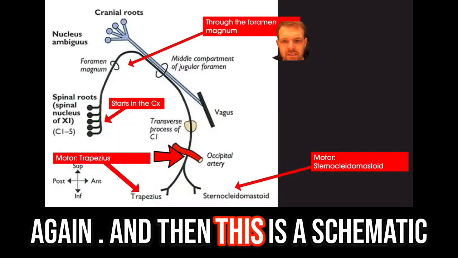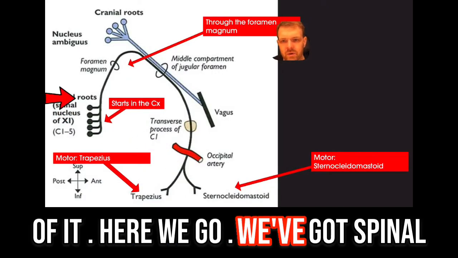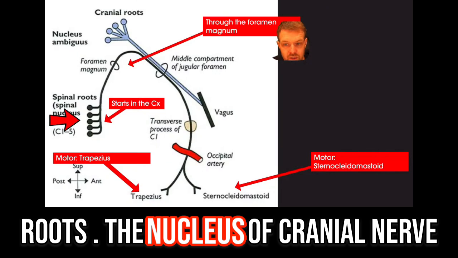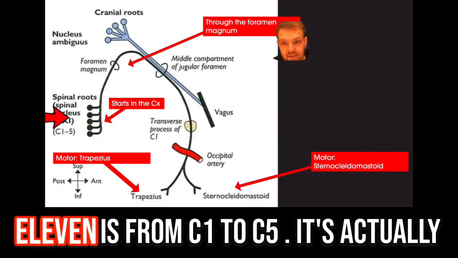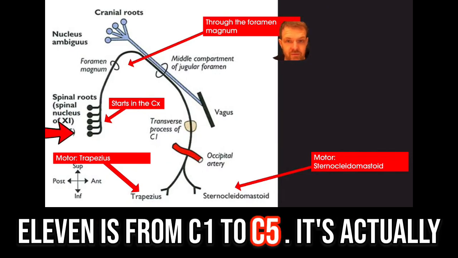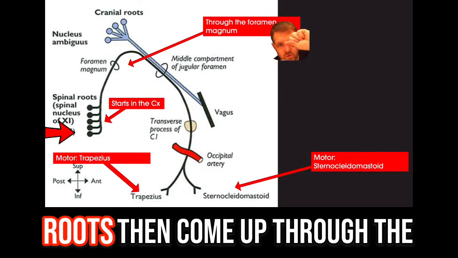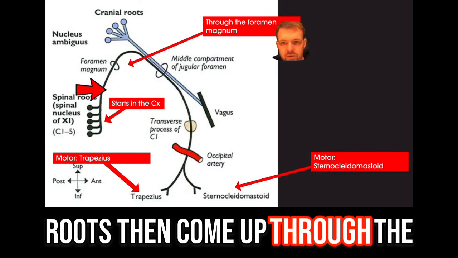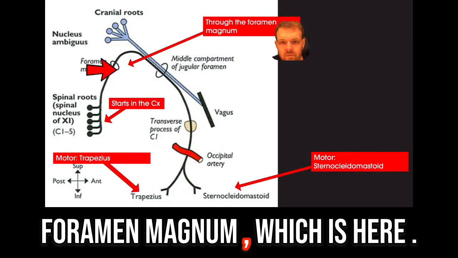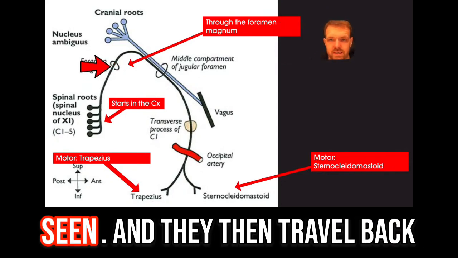And then this is a schematic of it. Here we go. We've got spinal roots. The nucleus of cranial nerve 11 is from C1 to C5. It's actually in the neck. And then all of those roots then come up through the foramen magnum, which is here, through that hole that we've just seen.